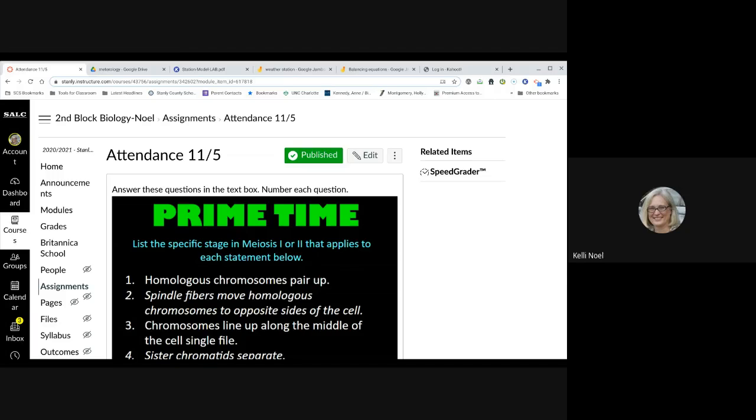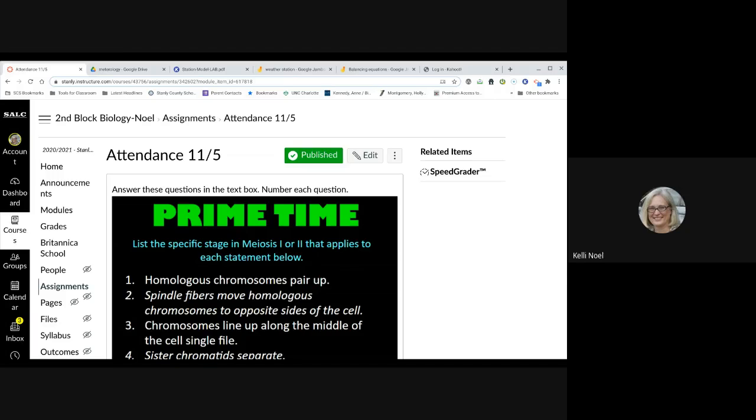So does metaphase 1 or metaphase 2 have 2 lines? Metaphase 1. So your answer for number 1 is going to be metaphase, and they use Roman numerals, I. So homologous, same chromosomes, you're going to have 2 lines.